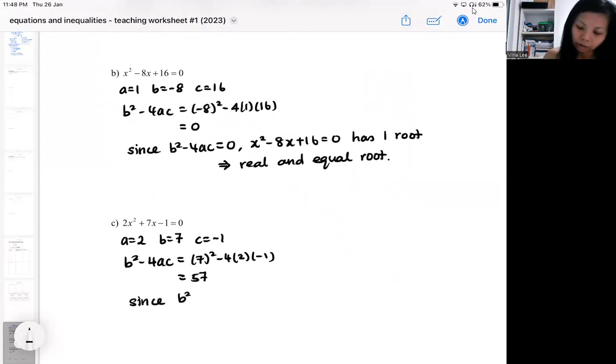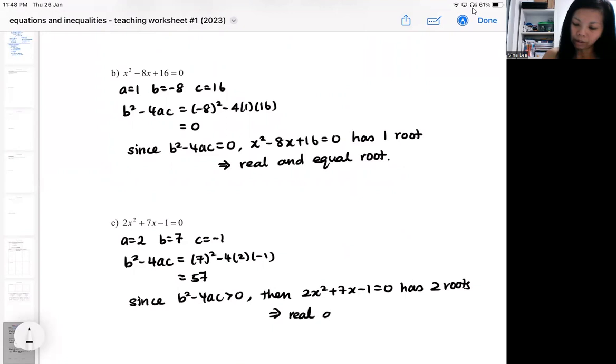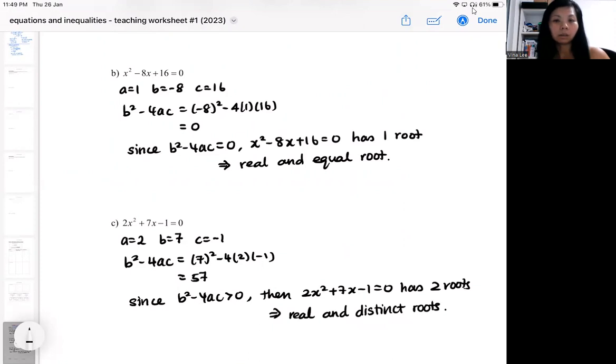So since my discriminant is a positive value, that means the equation should have two roots. So the nature that we're looking for will be real and distinct roots. So that's how we use the value of the discriminant to decide the roots.